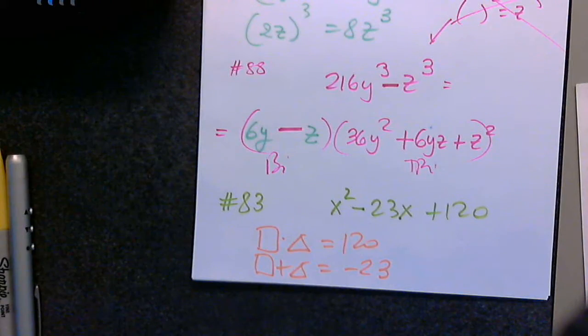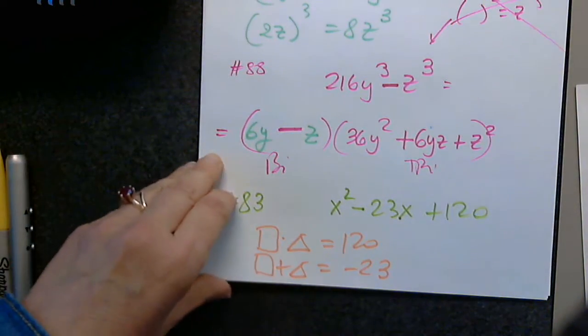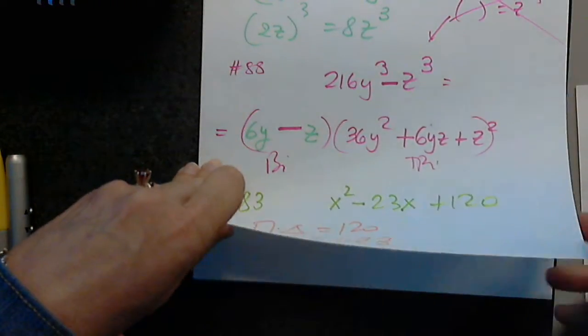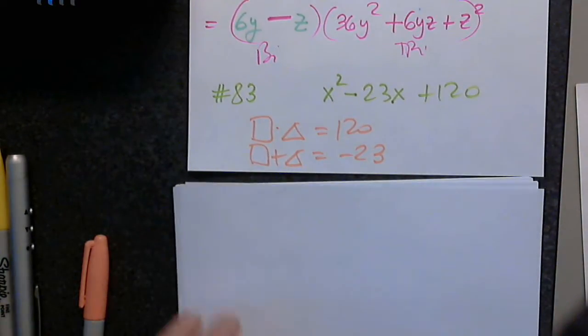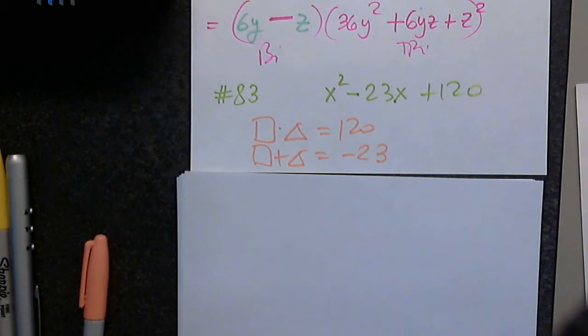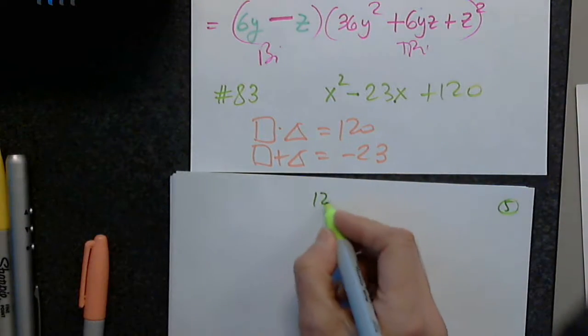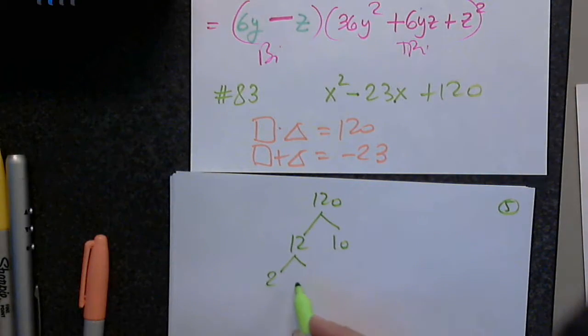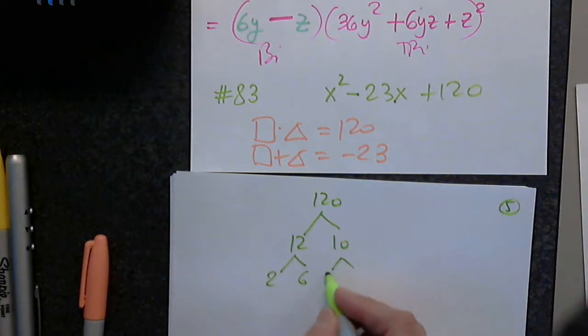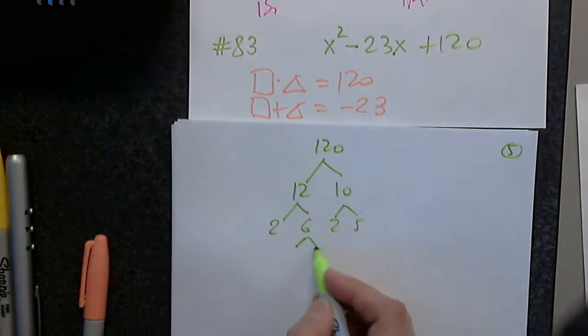Okay. I take 120 aside and come up with the prime factorization of that number. Here's how we do it. One option, not the only one. I take 120, I see it's 12 and 10, I see 12 is 2 times 6, 10 is 2 and 5, and 6 is 2 and 3.